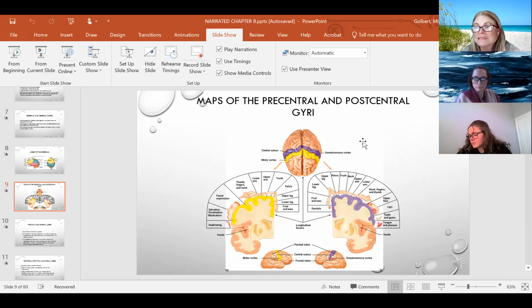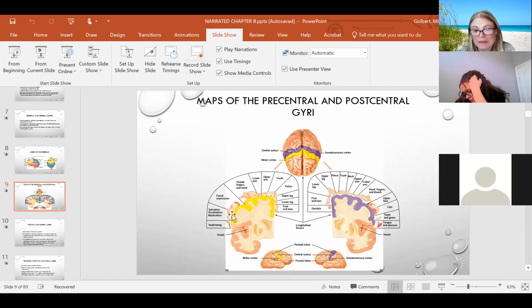And that's where we send the information out to the different effectors. So if you notice, both of these cortexes are related in what they are receiving information from and how they're sending information out. If you look at the sensory, the yellow one, right?